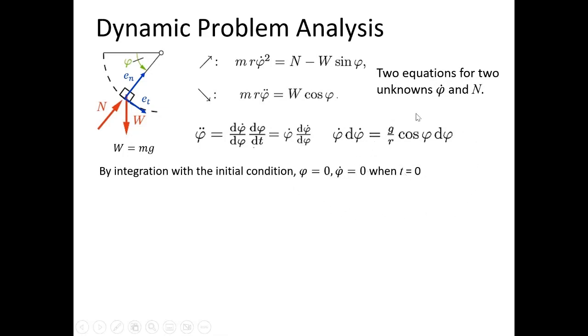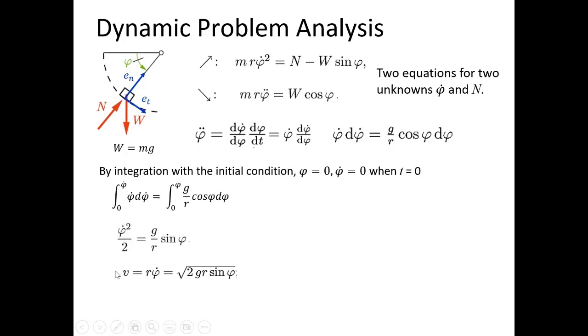With those initial conditions, you can integrate this relationship and find the value for phi dot, the angular velocity, and also the velocity will be r phi dot. So those quantities can be found. And obviously, velocity will become maximum when sine psi becomes maximum, and that will happen at the bottom where psi becomes 90 degrees.